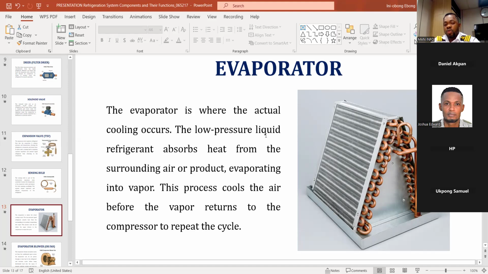If the high side pipe, which is the smaller one, ices up, that is low on refrigerant. If the pickup side, which is the suction side, ices up, it does not mean the system needs refrigerant. It could be that the evaporator fan is not working.